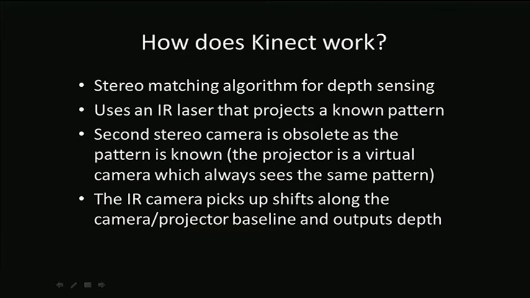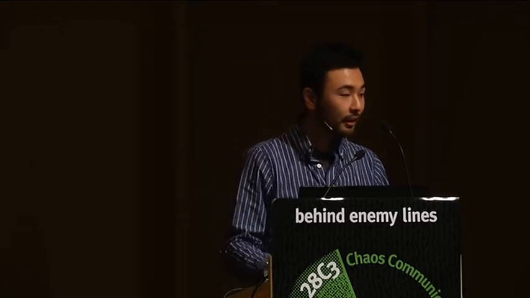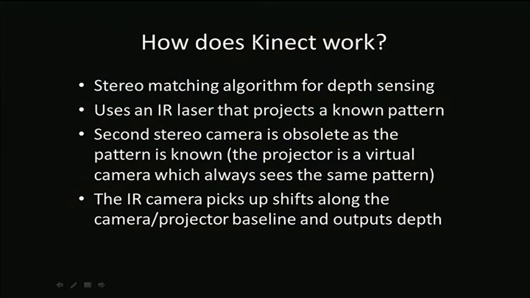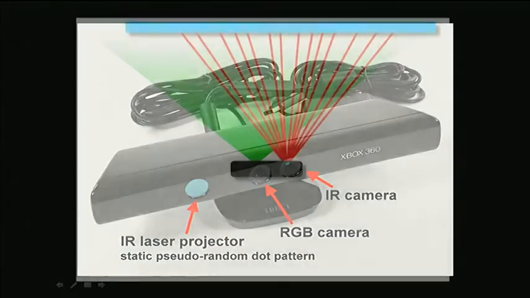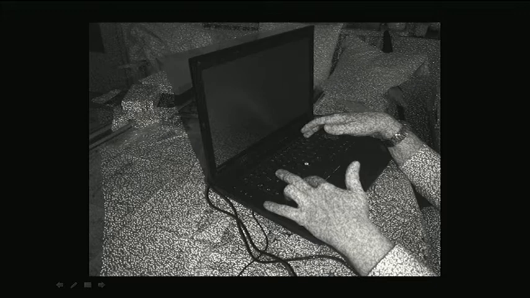So the camera, which sits where the laser projector is, would see exactly the same pattern at any time. So we can just get rid of the second infrared camera. The infrared laser projector becomes virtually the second video camera. So it's quite easy, and the depth calculation happens on the device. Okay, so that was a quick introduction to how Kinect works.